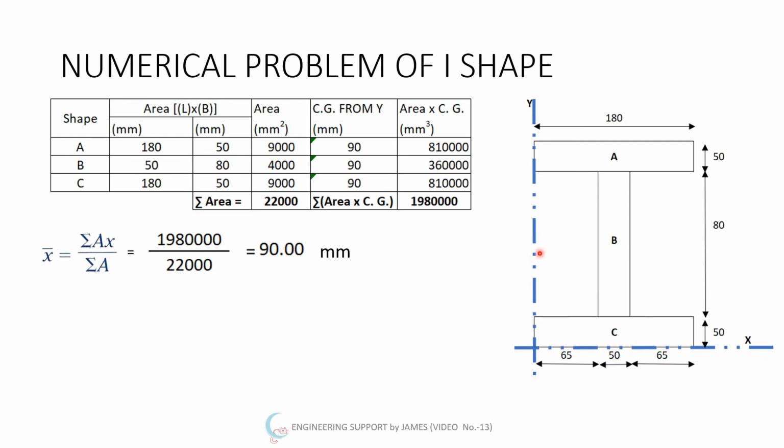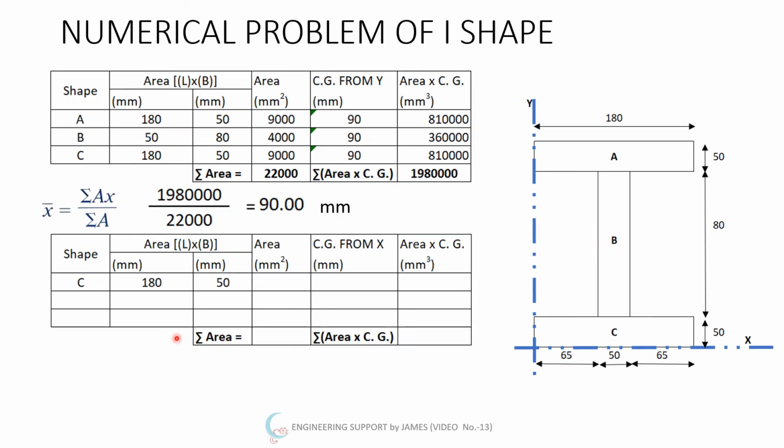So this is your x bar, means it is located somewhere here from the y axis. Next we will calculate the CG from this x. So we will consider from the bottom. Here C has area equal to 180 multiplied by 50.